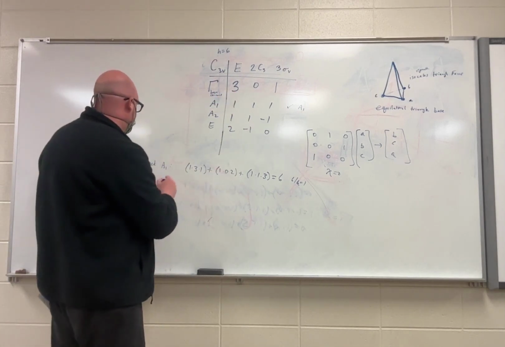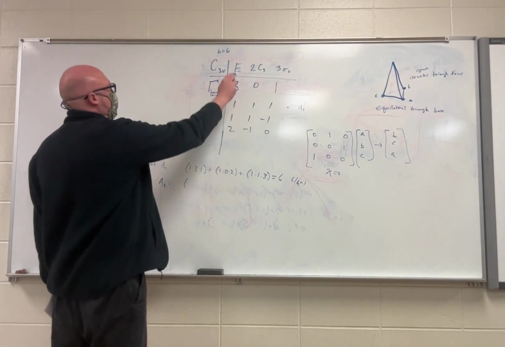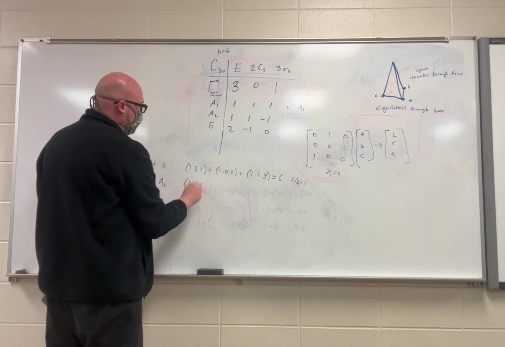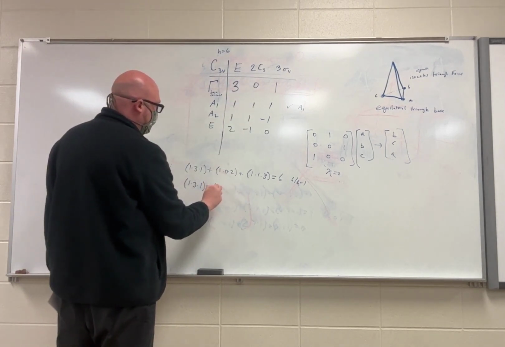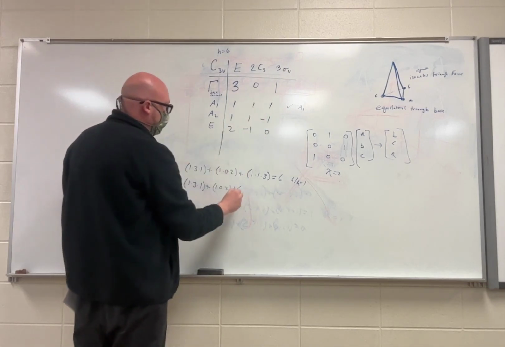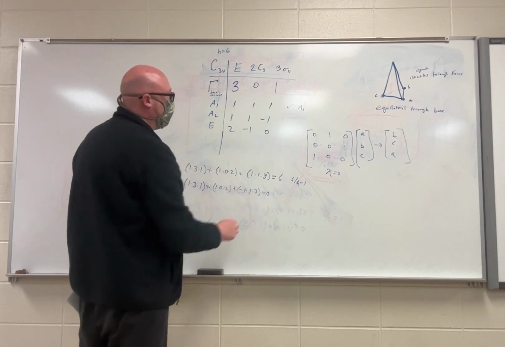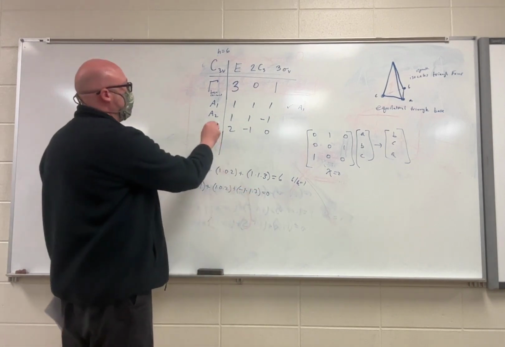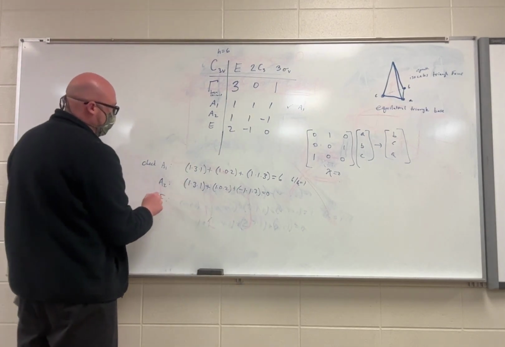So we check for A2s. You have 1 times 3 times 1 plus 1 times 0 times 2 plus, now it's minus 1 times 1 times 3. So that equals 0. There are no A2s, which means there must be an E to get the dimensionality of 3.